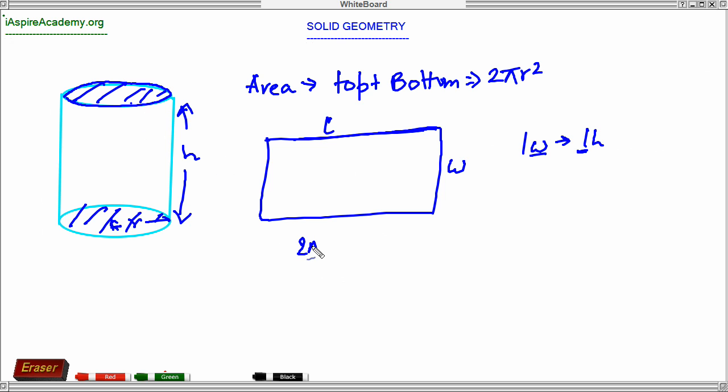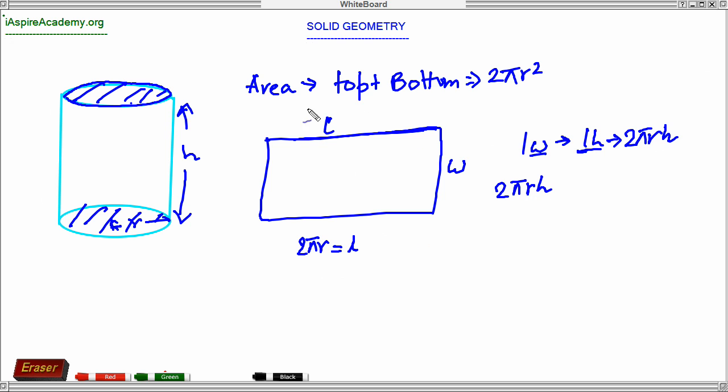It is 2 pi r, which is our L. So to substitute in this formula, L is 2 pi r and h. So the area of the side surface of a cylinder is 2 pi r h.